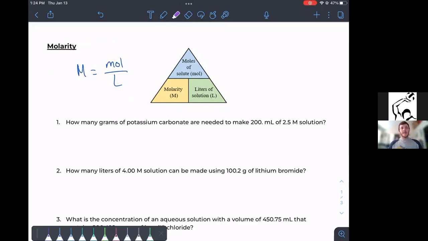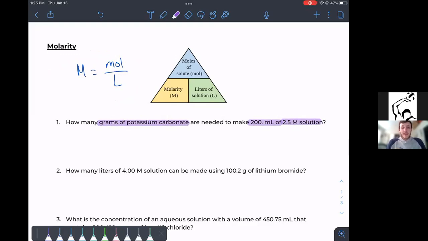Okay, so let's do one practice problem together just so we have an idea of what's going on. All the rest of them should be very similar, just making sure that our units are always in moles, molarity, or liters. So this one says: how many grams of potassium carbonate will make 200 milliliters of a 2.5 molar solution?